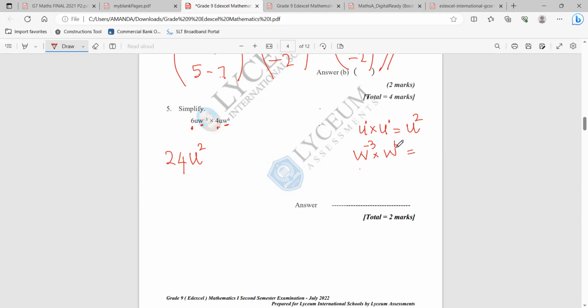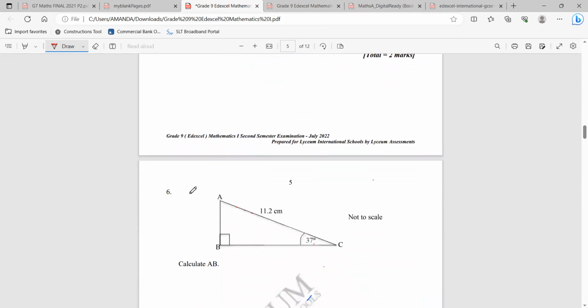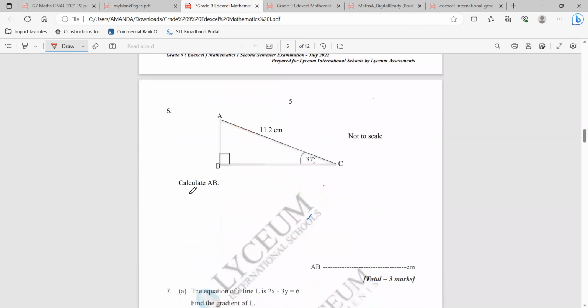Now, like I said, when we are multiplying powers in index form, we can add the powers, add the indices. So negative 3 plus 6 is going to be positive 3. So this is going to be w cubed. That's my final answer. Very easy. Another 2 marks.